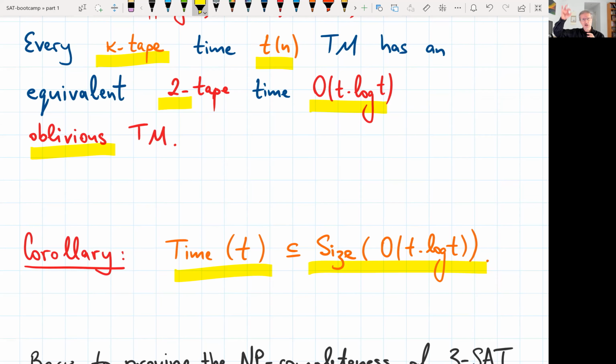Then based on the information in those two tapes, you decide what to do next, which means how you update the information in those locations on the two tapes, what new state you enter, and how you move independently on tape 1 and tape 2. So you can go left on one and right on the other, and so forth.